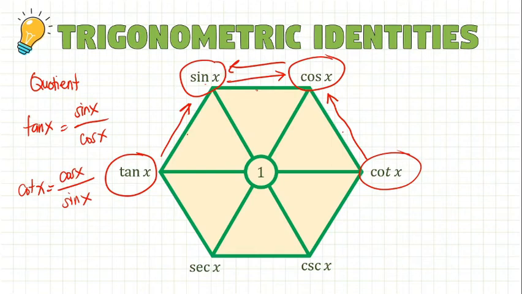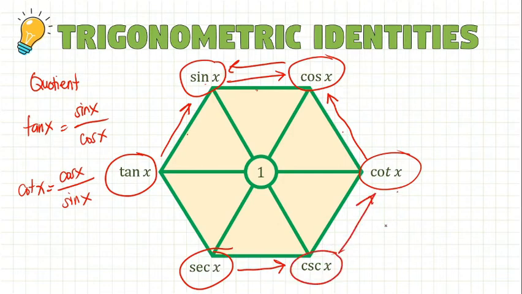So you can also have secant. Secant x is equal to cosecant x over cotangent x. Or cosecant x is equal to secant x over tangent x. You can also have sine x is equal to cosine x over cotangent x.